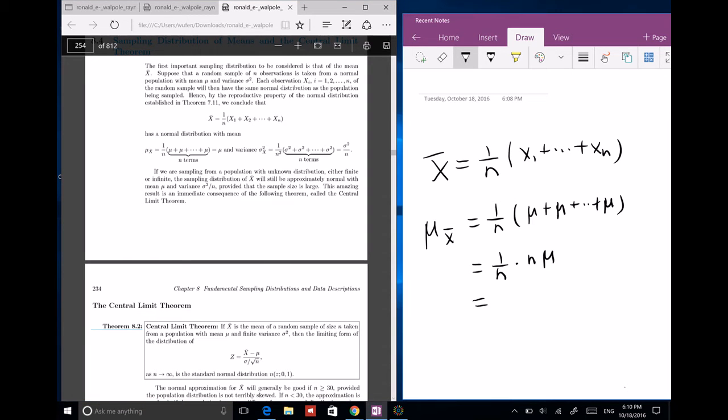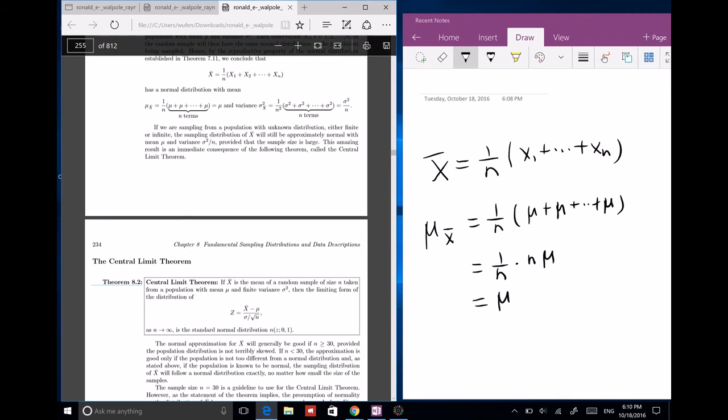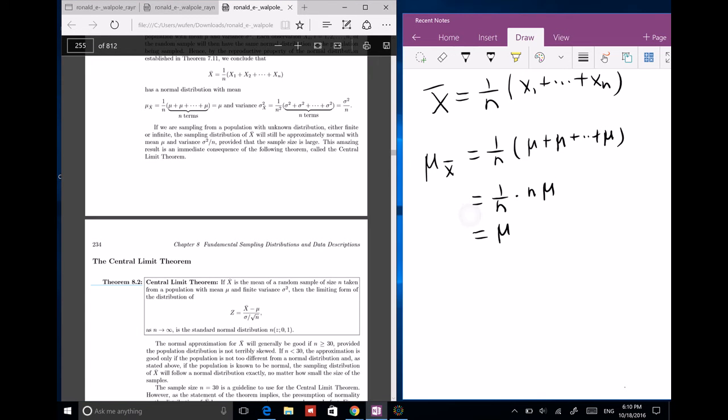So the sample mean of a normal distribution also equals mu, but the variance of the mean is 1 over n squared times (sigma squared plus ... plus sigma squared). Because you have n terms, it's n sigma squared over n squared, which is sigma squared over n.